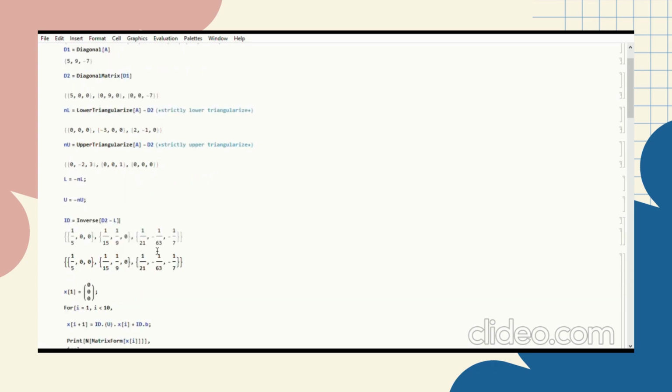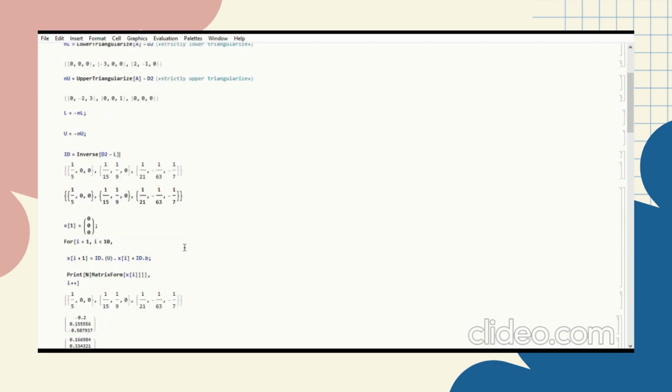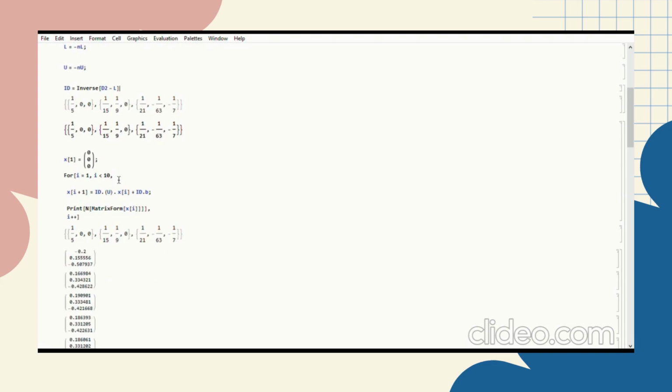So this is the answer, and after making the calculation, I want to make the iteration. I use a for loop. The initial X is 0, 0, 0, and then I start with 1. The iteration I make is just less than 10.